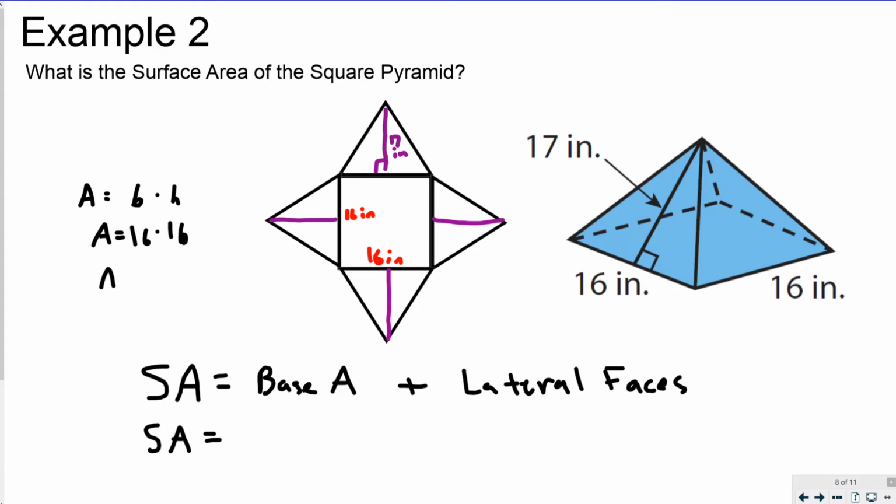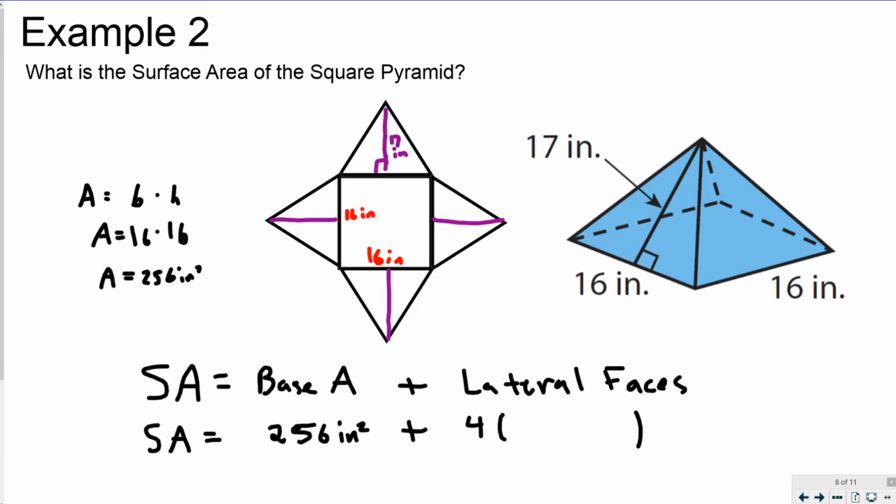So the total area here would be 256 inches squared of the base. So we'd have 256 inches squared plus we have 4 triangles that we're going to calculate the area of.